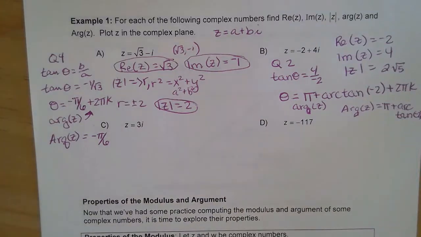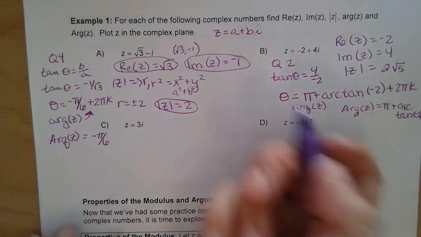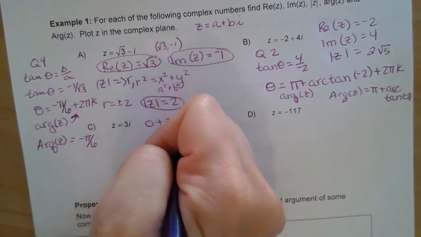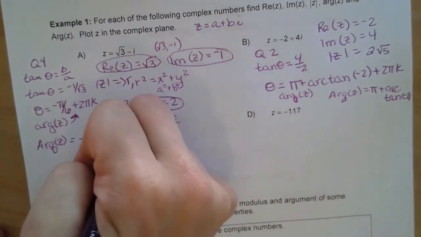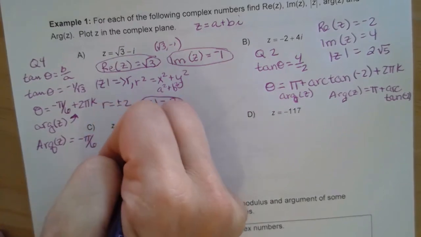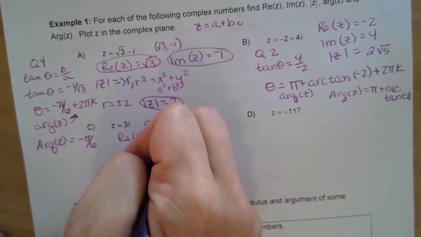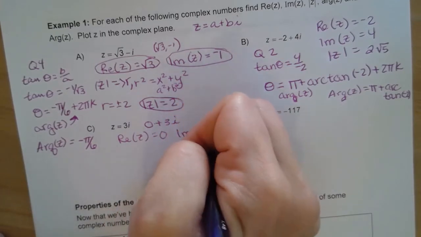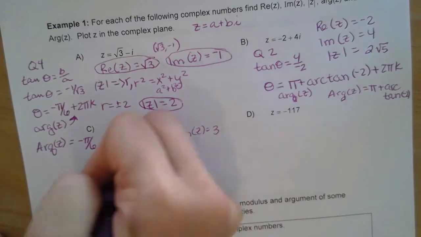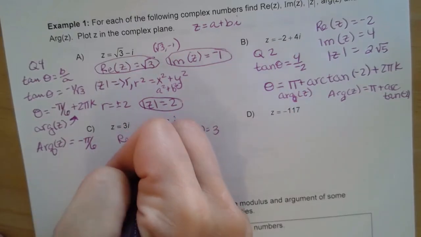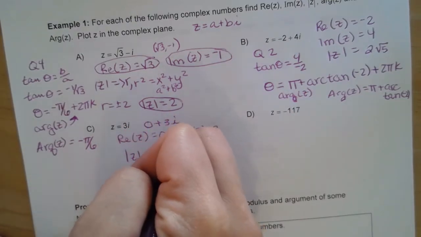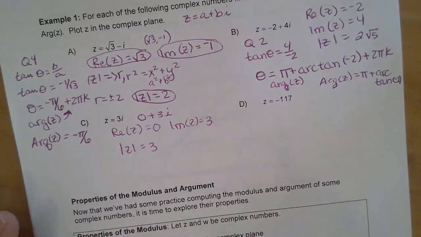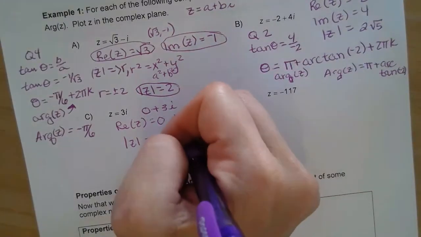Alright, C. Z equals 3i. Well, keep in mind that this is 0 plus 3i. So our real element is 0. Our imaginary element is 3. Our modulus then would come out to 3 also. And now if we talk about where this is going to be, well, think of it on a graph, right?